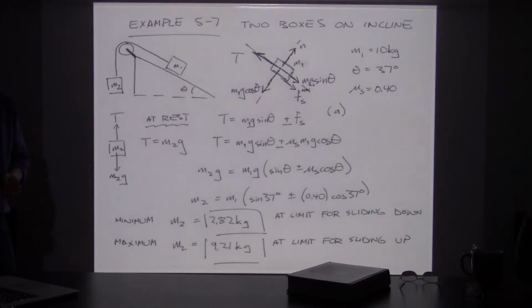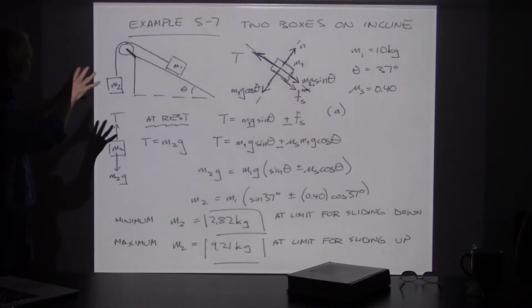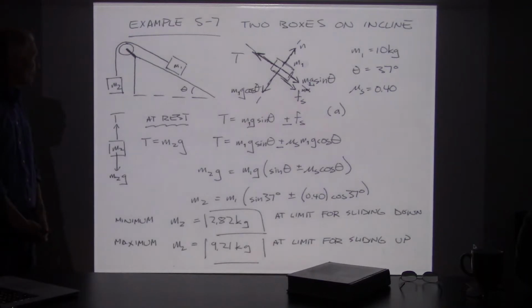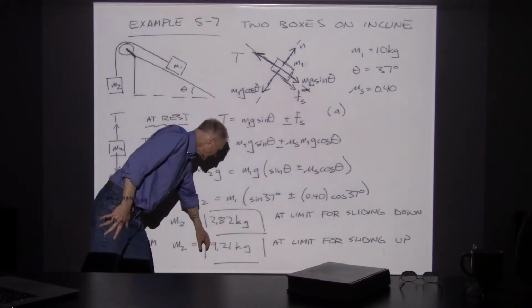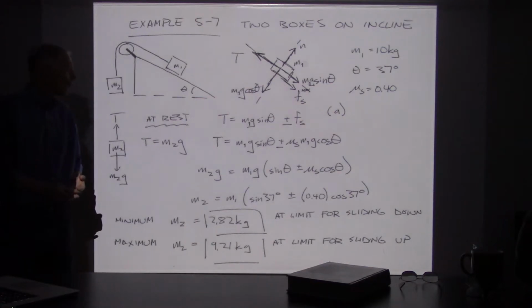Which is kind of cool, right? We've done all this analysis, we've put all the numbers in, and we're finding out that yes, I'm going to need 2.82 kilograms here. Now at the other extreme, the value I ended up with was 9.21.